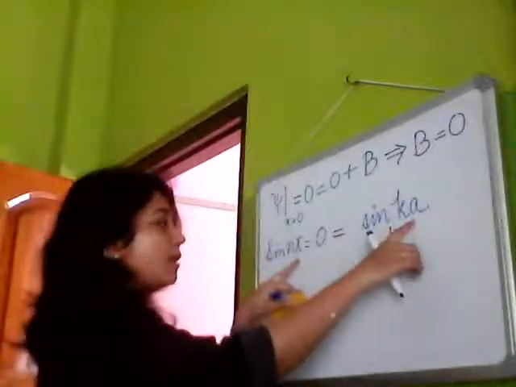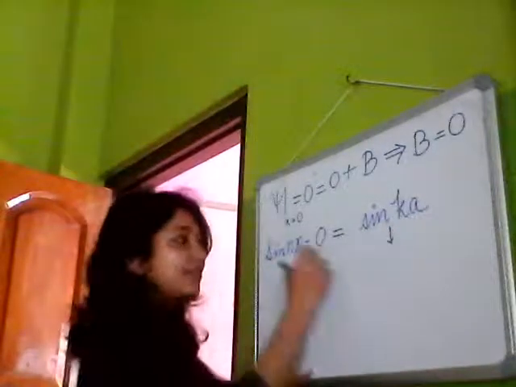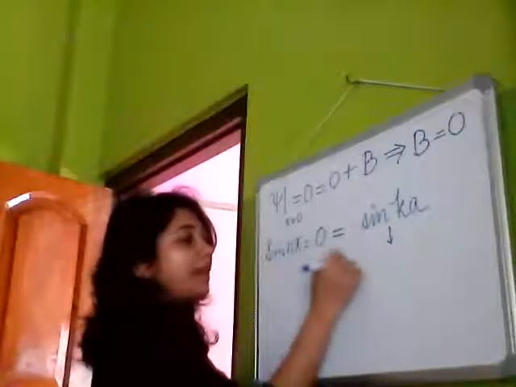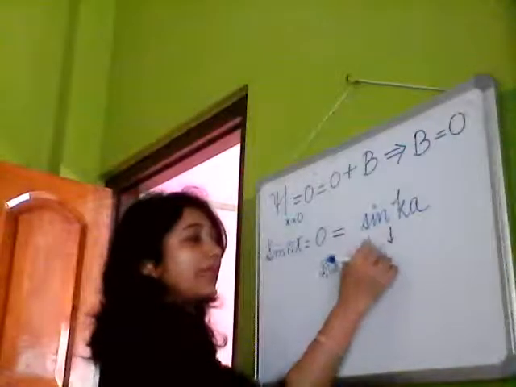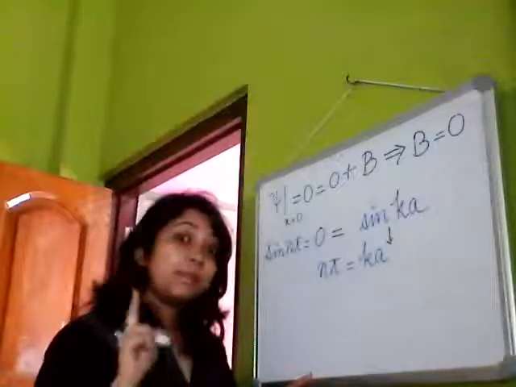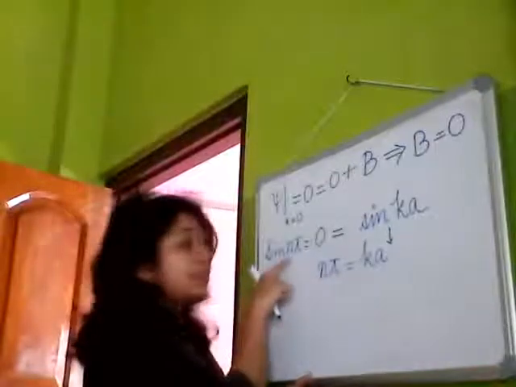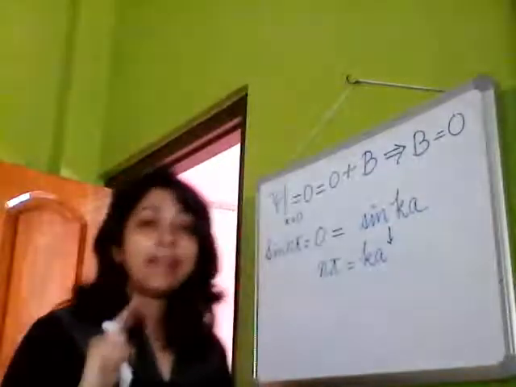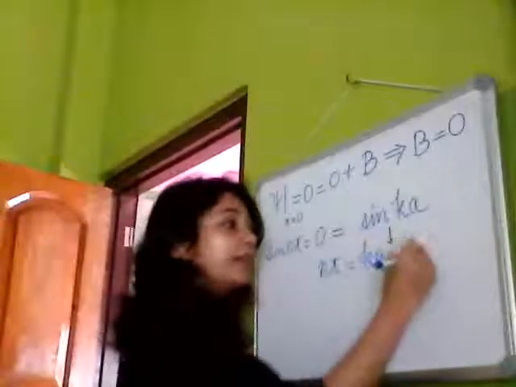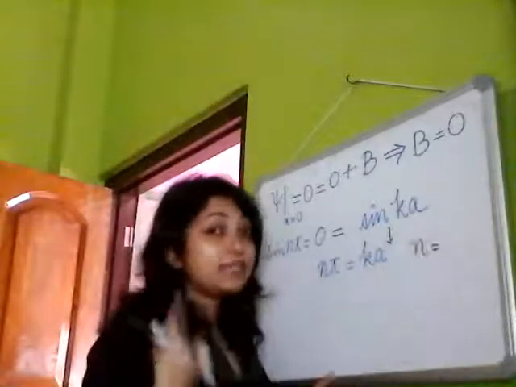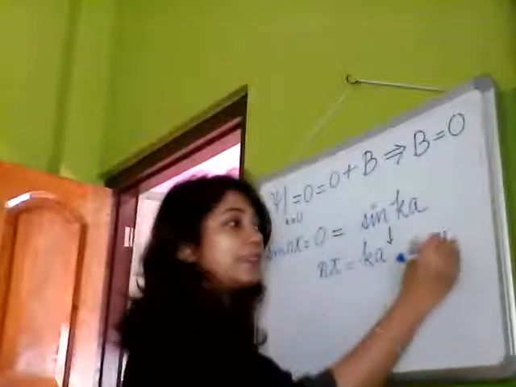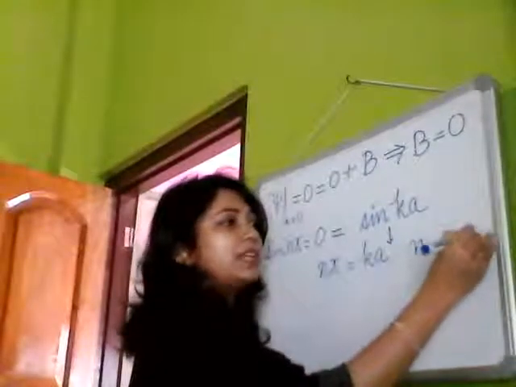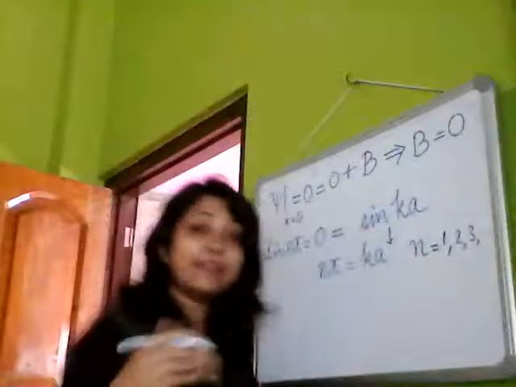So when you compare these two results, we can write that n pi is equal to ka. However, please see, what is this n here? What is this n pi here? These n are numbers. So when I have to put in the value of n, please remember this fact that n is 1, 2, 3 or any higher number.